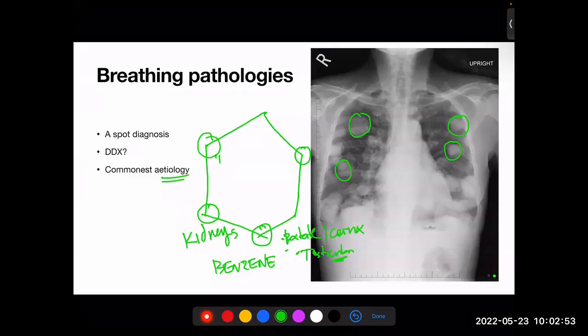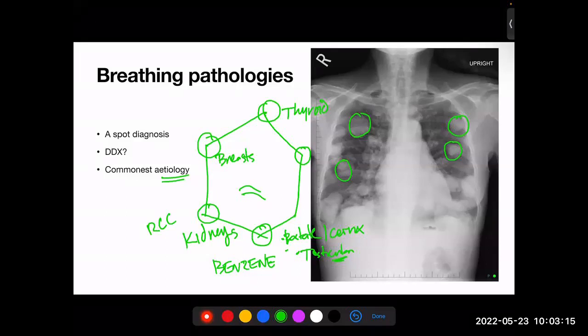Breast. What's up here? Thyroid. Also, upper abdomen, you can get even hepatocellular carcinomas. Kidneys, you get renal cell carcinoma is the common one. Breast, I think.